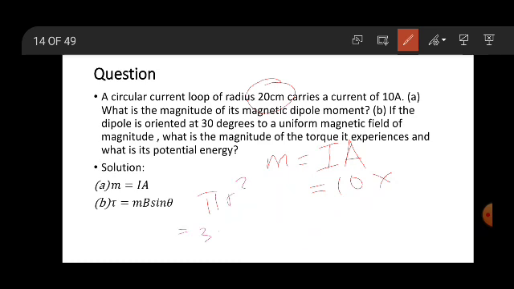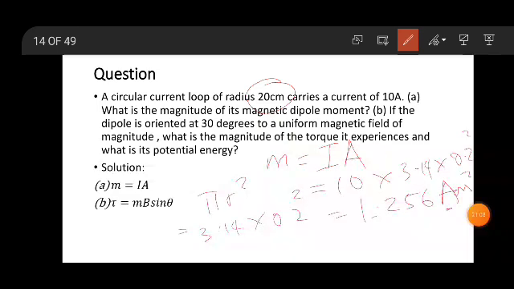So the pi is 3.14 times the r is 20 centimeter, that means 0.2 squared, okay? So if we calculate that, you have 10 multiplied by 3.14 multiplied by 0.2 squared. So that gives us 1.256, okay? The unit of magnetic moment is amperes meter squared. Current is amperes and area is meter squared, okay?